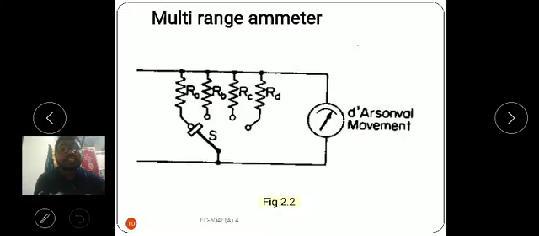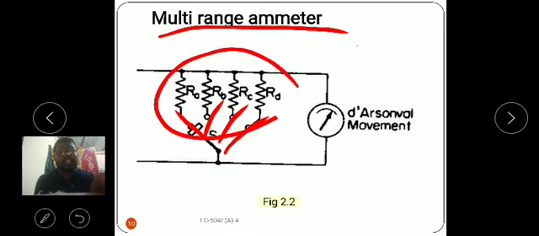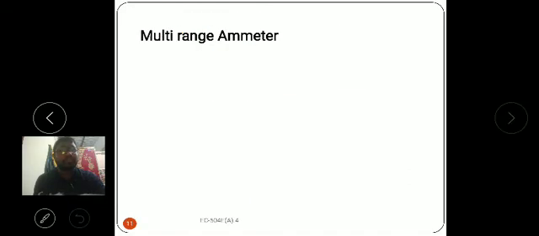Here the switch is connected to RA, then move this switch to RB, then to RC and to RD. That means one switch is connected to multiple resistors, and then we get different ranges of DC ammeter. Multiple resistors connected in shunt with the meter is called the multi-range ammeter.